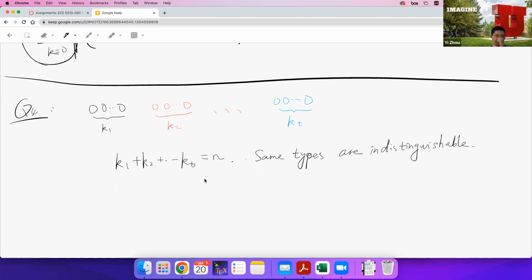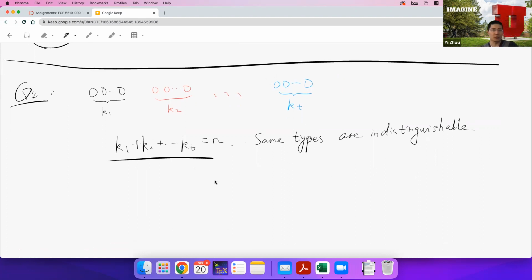So basically we have in total N balls. We have K1 black balls, K2 red balls, and KT blue balls. Every type of ball, the balls of the same type are indistinguishable.